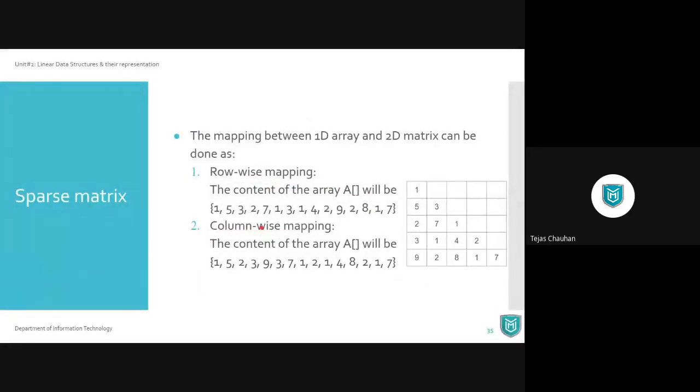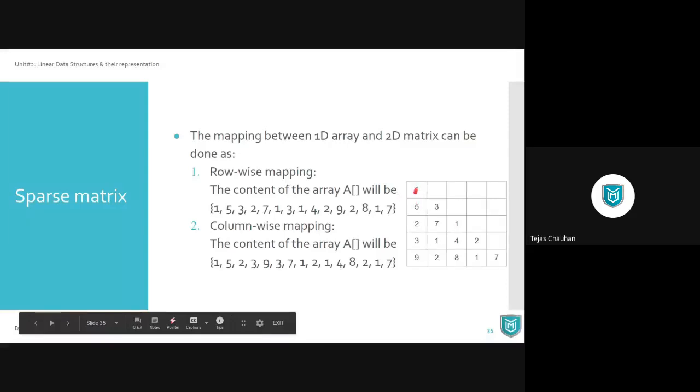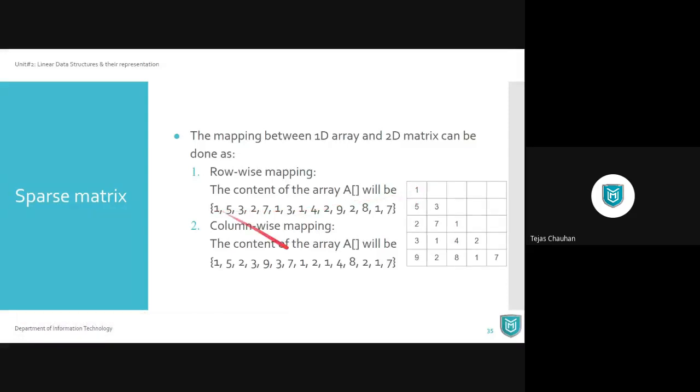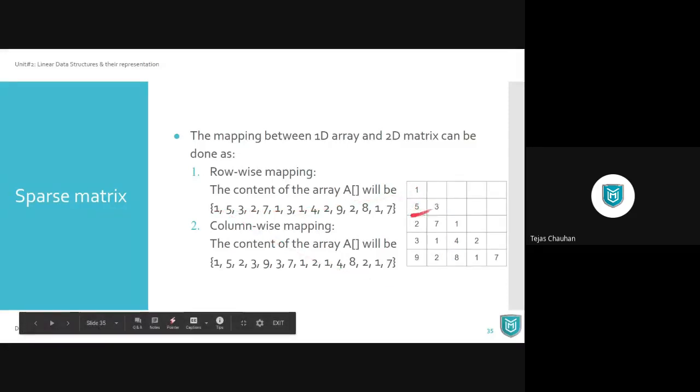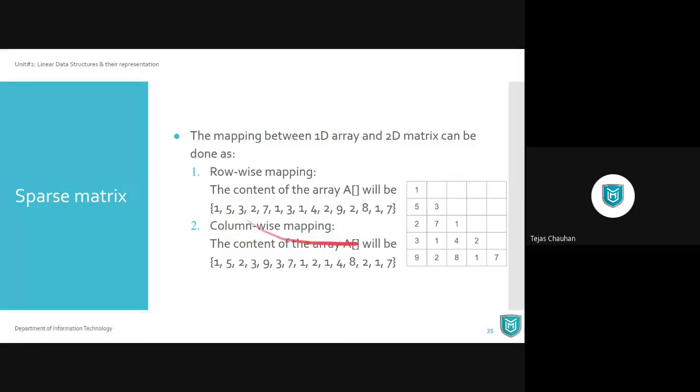So if this is a lower triangular matrix and we store these values in one dimension row-wise, first comes 1, then we take the second row, 5 and 3, then the third row, 2, 7 and 1.